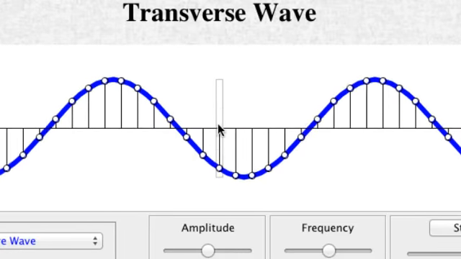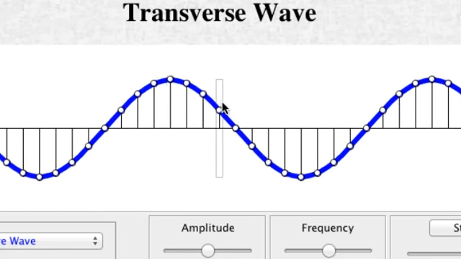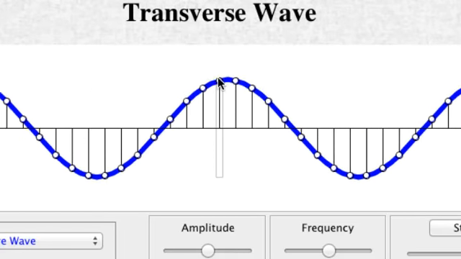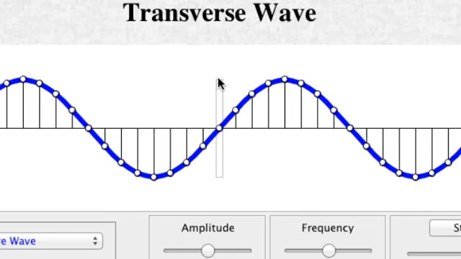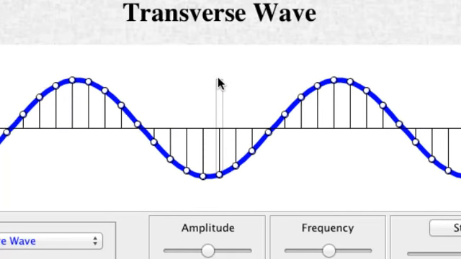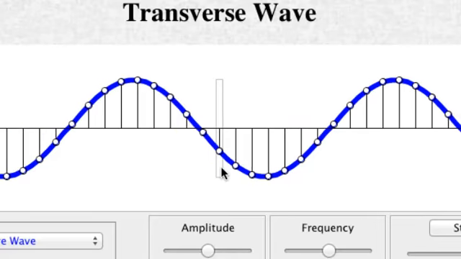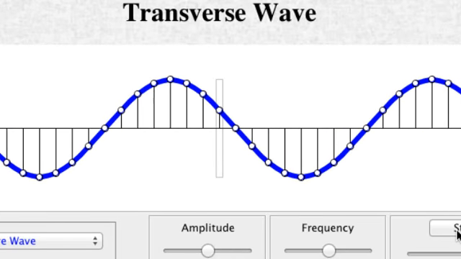Now when I graph that, you can see here how it's going up and down, up and down, up and down. When I create that graph, the graph is going to look like a wave because the particle's moving up and down. But the uniqueness is that we're looking at a position over a period of time instead of a position over a distance. And so that's kind of an important distinction to make here.